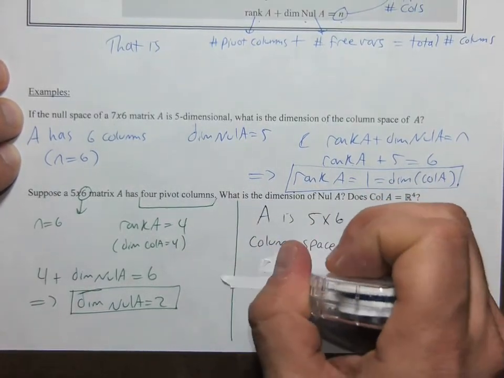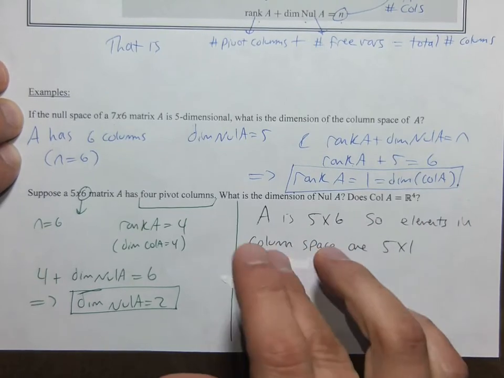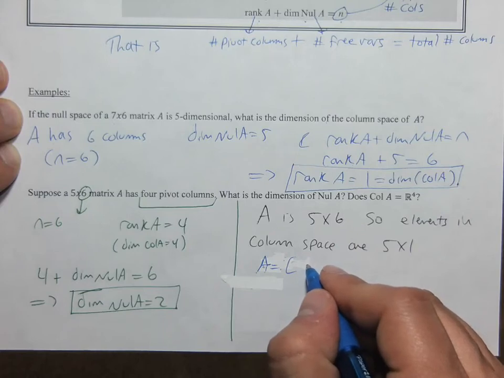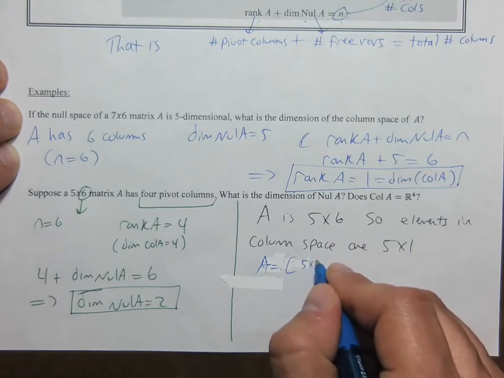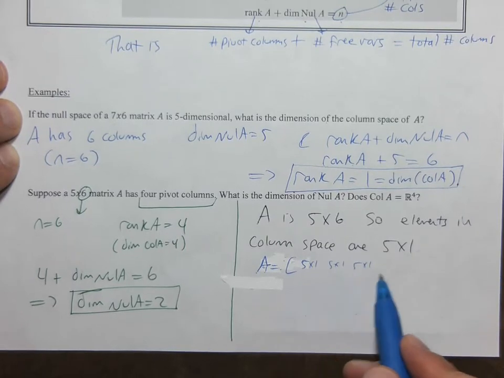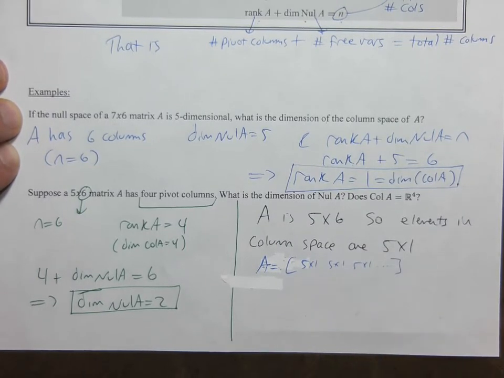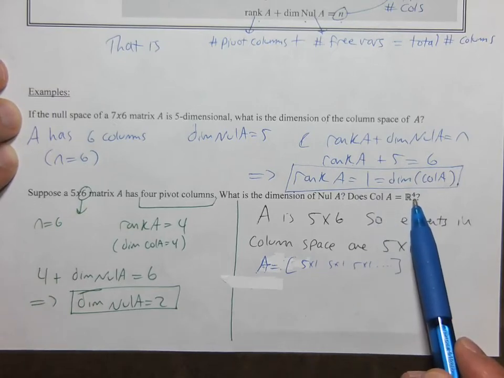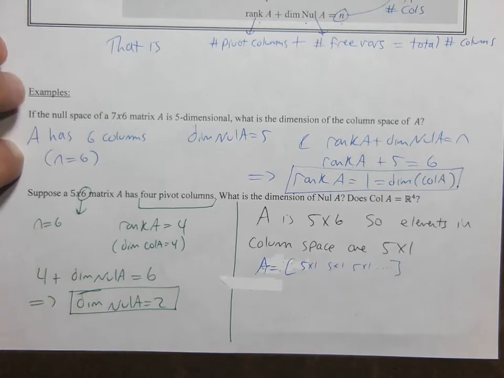We're talking about the column space. If A is a 5 by 6, that means A is a bunch of 5 by 1 vectors. Right? A bunch of 5 by 1 columns, 6 of them. And so each element in the column space is a 5 by 1, is what I meant to say here, right? And so when we say that the column space has 4 dimensions, it's 4 basis elements that are each 5 by 1.